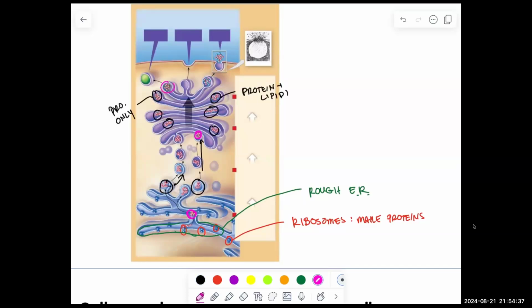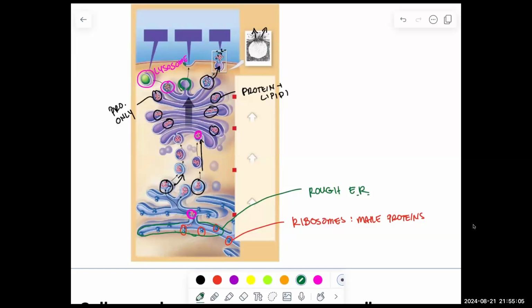This one pinches off and becomes a lysosome. This one pinches off and the products are released. Maybe they go to the blood. Maybe it's hormones that it made. What's really interesting, at least I think it's interesting, is this one pinches off and look, there's nothing inside.